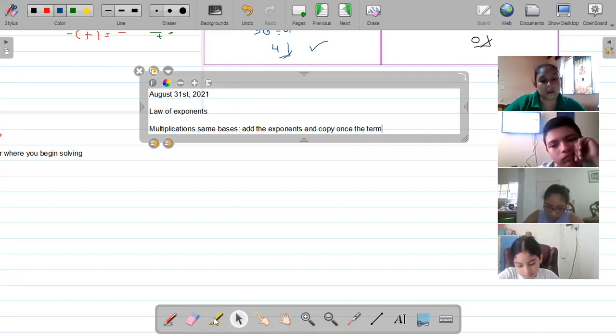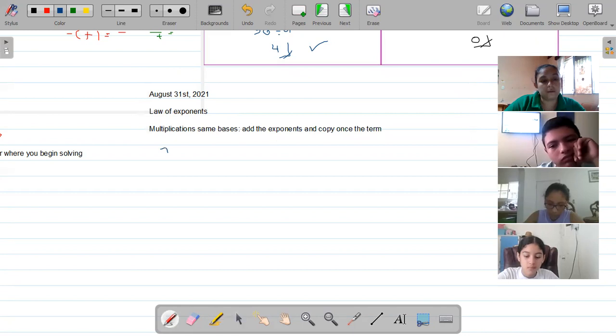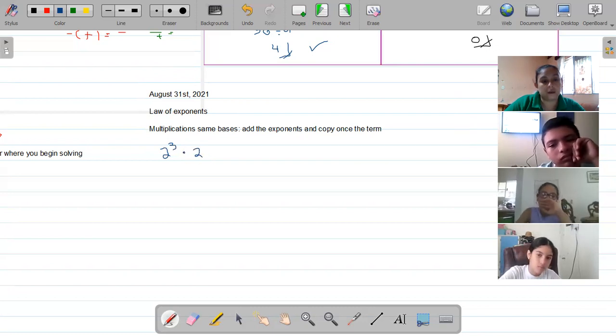Okay, so in this case, if we have, for example, 2 to the cube times 2 to the 4th power, in exponential form, this is going to be 2 to the 3 plus 4, that is 2 to the 7th power.